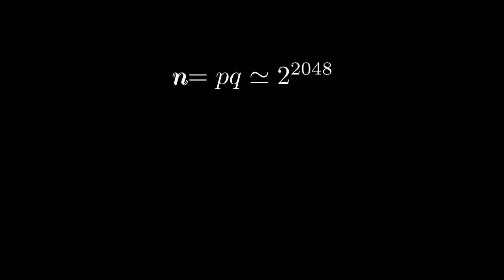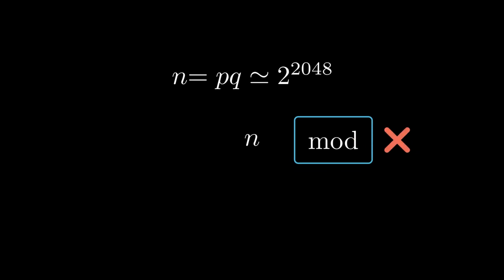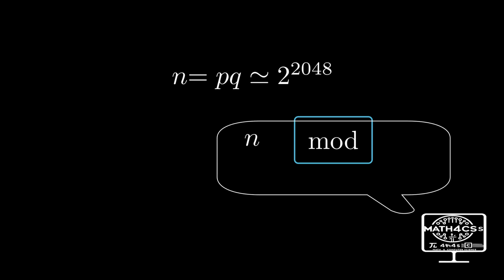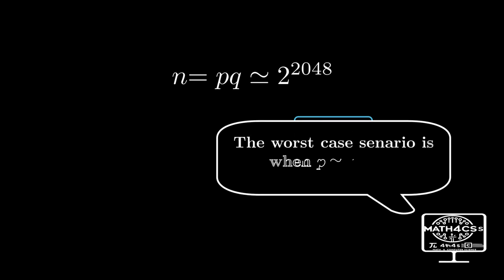The obvious way to factor a number is to try to divide it by all the primes until we find the factor. How many operations do we need to do this? A moment of thought will tell us that if n has a small factor, we will find it quickly. So the worst case is when n is the product of two primes near the square root of n.